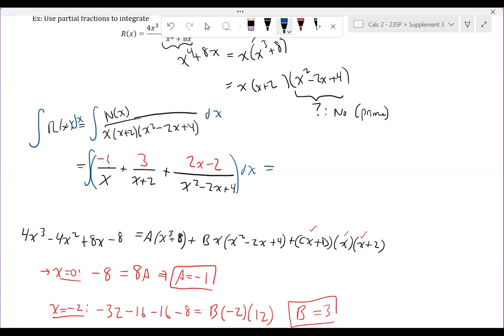So integral of -1 over x is just negative ln absolute x. Integral of 3 over x plus 2. And then I need to figure out the integral of this. So the first thing I might look at is something simple. I don't think I know the integral of this right away, but I can see that a u substitution is going to be promising.